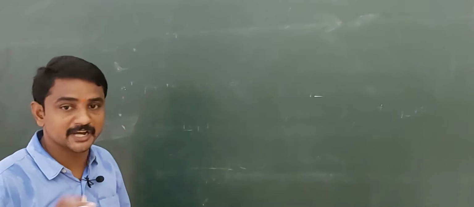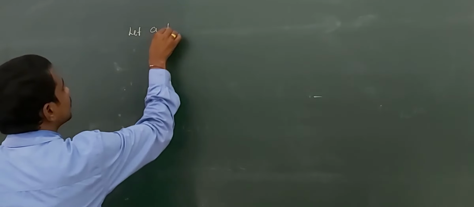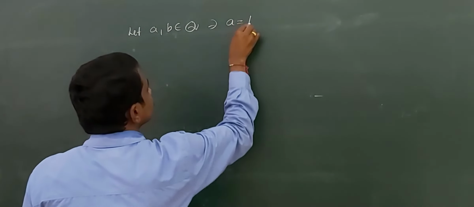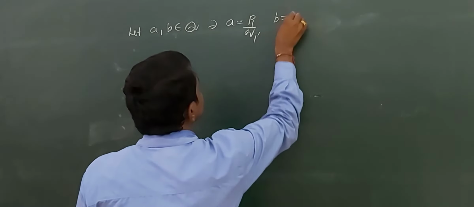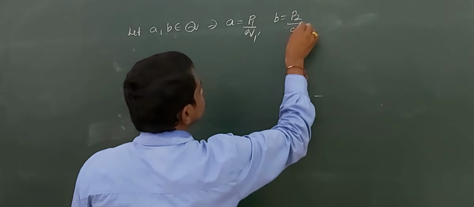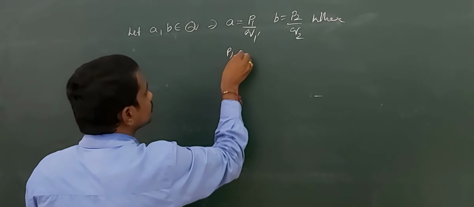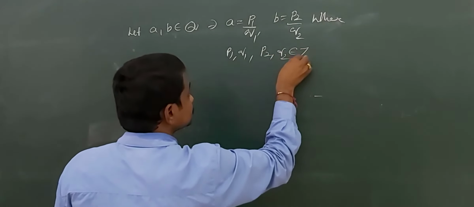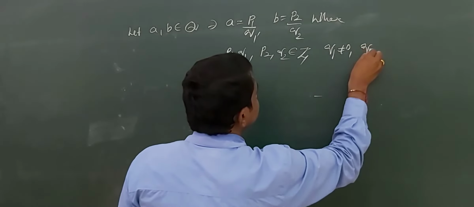Multiplication is a binary operation on Q. Again consider a, b belonging to Q such that a is equal to p1 by q1, b is equal to p2 by q2, where p1, q1, p2, q2 belong to Z and q1 not equal to 0, q2 not equal to 0.